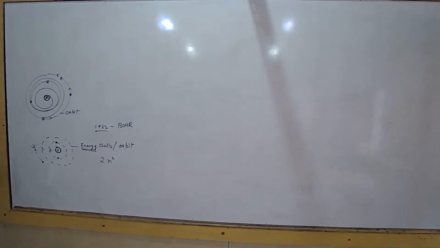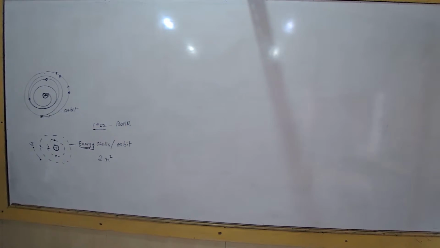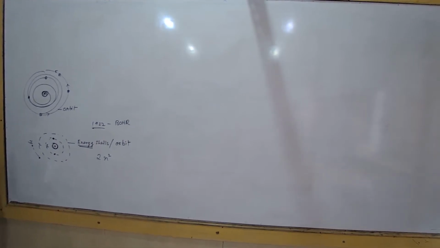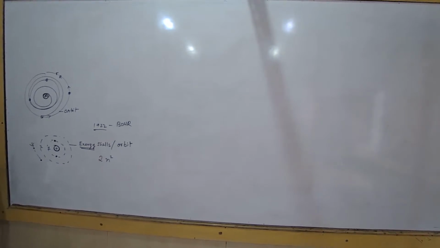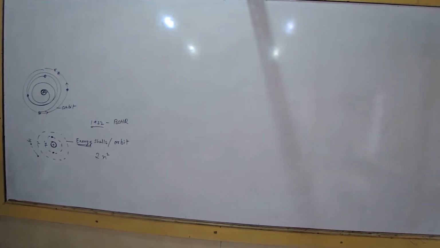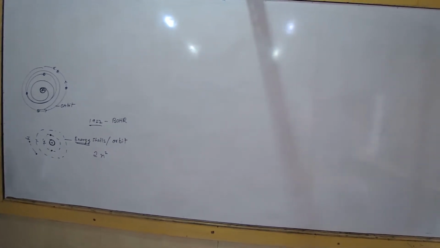Discrete orbits means orbits which have a discrete amount of energy, a specific type of energy, are allowed inside the atom. While revolving in discrete orbits, the electrons do not radiate energy. These orbits or shells are called energy levels. Energy levels in an atom are shown in the figure.